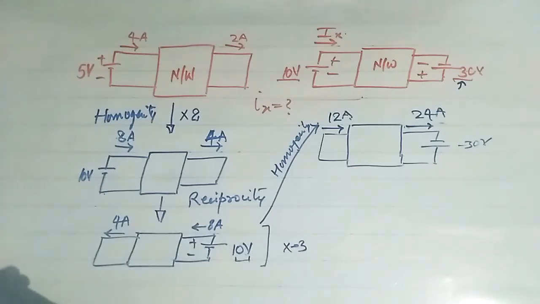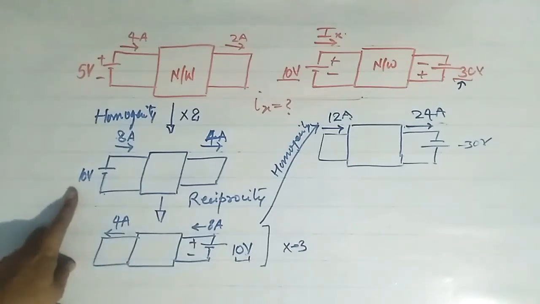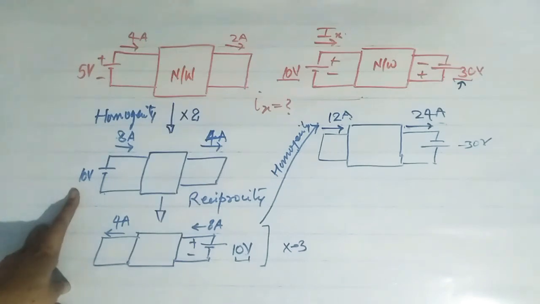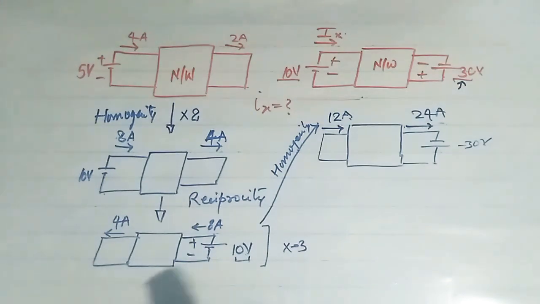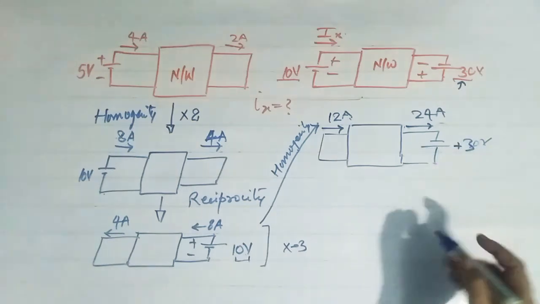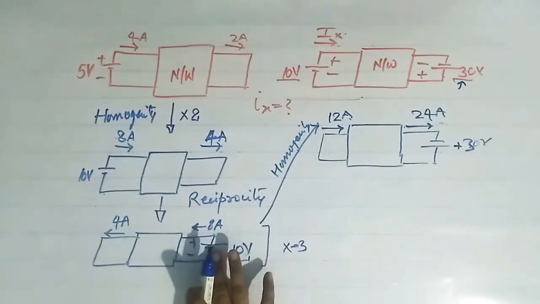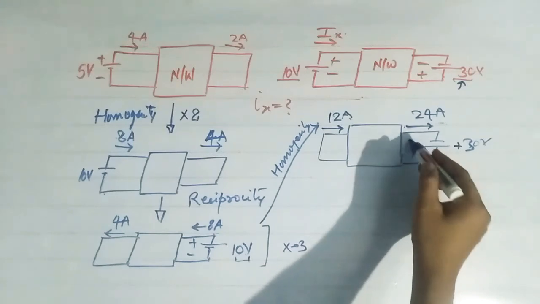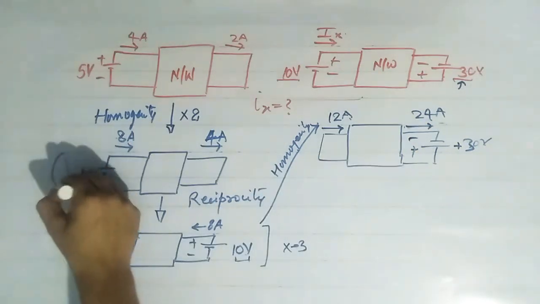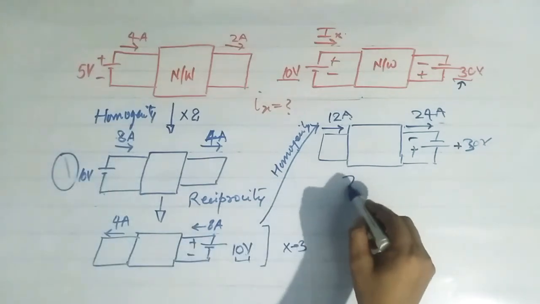Now we will apply the concept of superposition. See, here we get this 10 volt, and here in this circuit we get this -30 volt. So this is +30, because we have already changed the polarity, that's why it is +30. Now superimpose this first and this second.